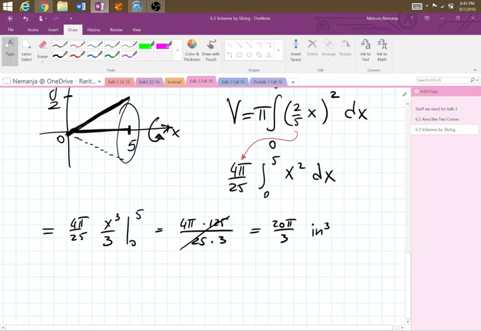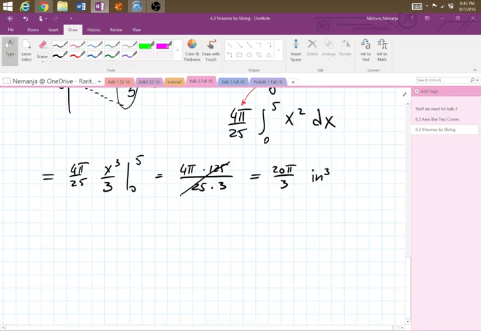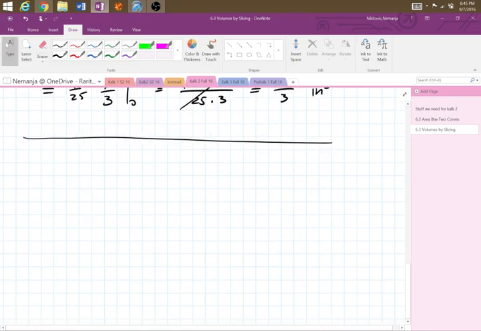Now let's figure out something else. What happens if I am machining a piece made out of metal or something that is necessary for some kind of machine, and the shape needs to look like this?